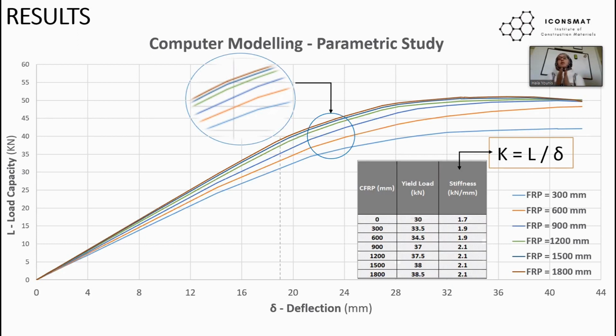So instead of wrapping the whole span length, we can only reinforce like 900, okay, and it can give us the same result as 1800. So instead of reinforcing with 1800, 900 is enough for a span length of 2,100, where the total length of the beam is 2,400.